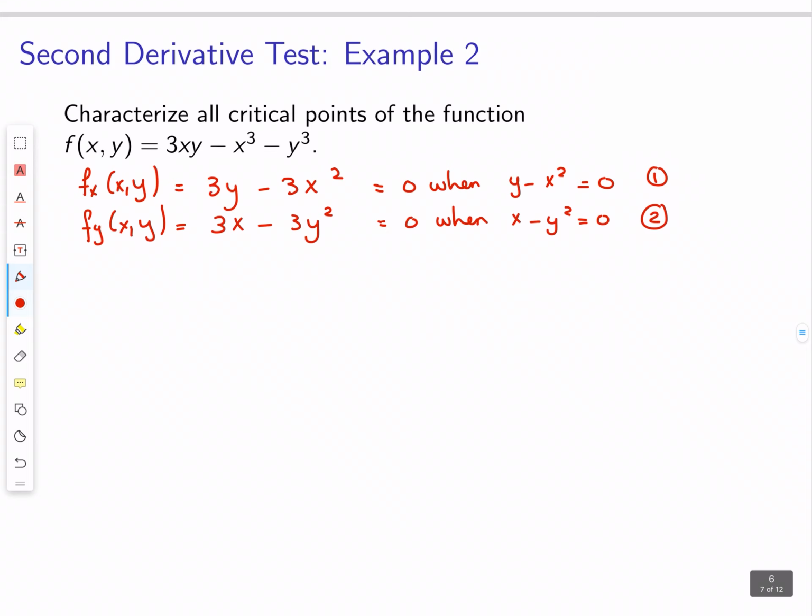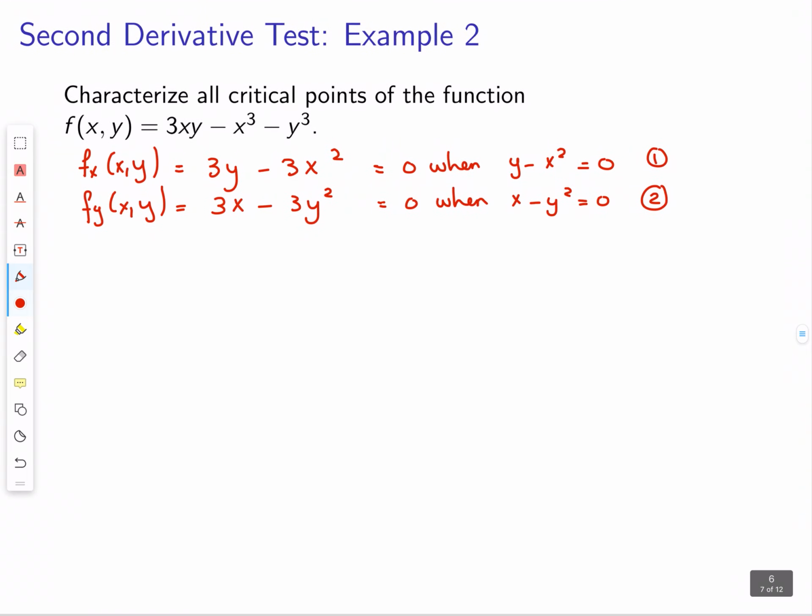Let's take a look at the second example. Again, if you've watched the first video, then you will have already found the first derivatives for this particular function. And so I've already written them down over here. That saves us a little bit of time. Now, in order to find a critical point, we need to satisfy these two conditions simultaneously.